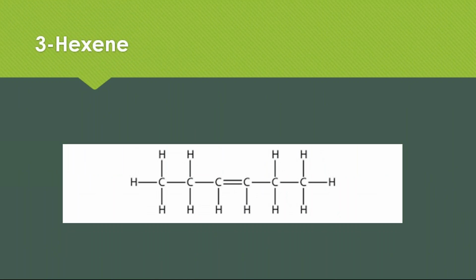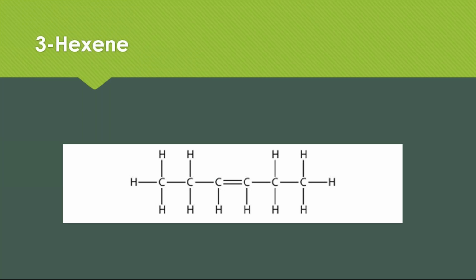3-hexene. For 3-hexene, can you have a geometrical isomer? Yes, ma'am. How? Each double-bonded carbon is attached with different groups, CH2CH3 and one hydrogen.